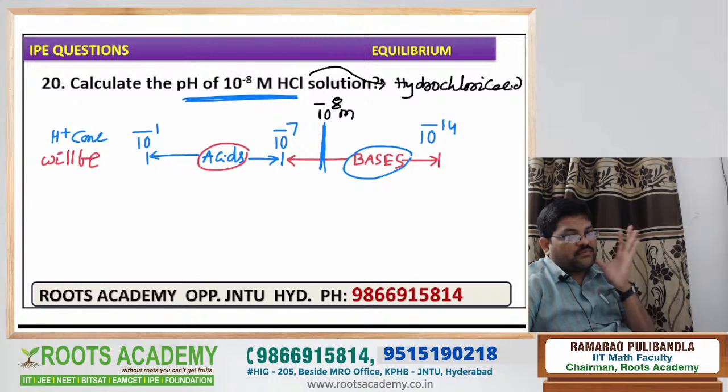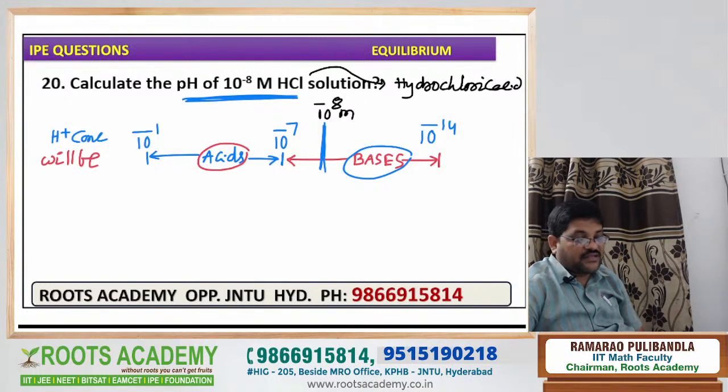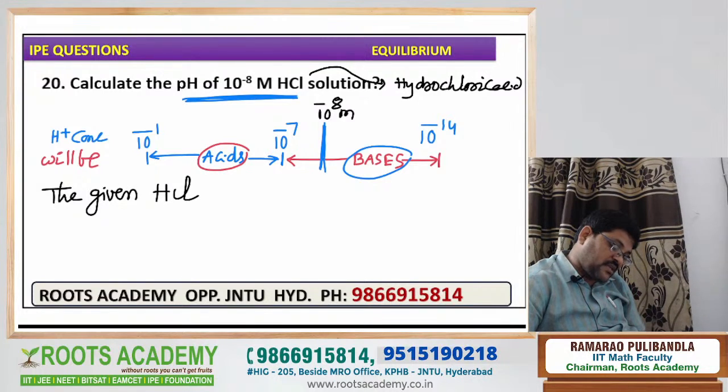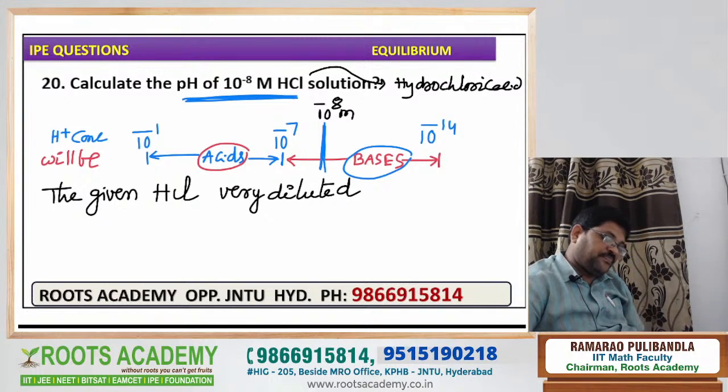Understood? But HCl is not a base. HCl is hydrochloric acid. That's why this explains that the given hydrochloric acid is in a very dilute form. That is the logic.